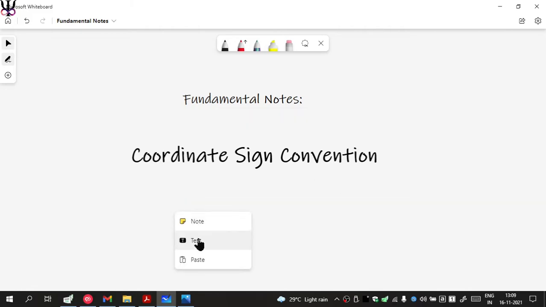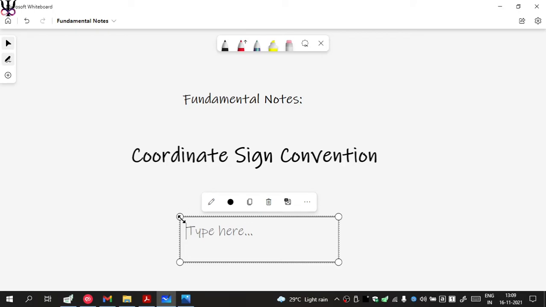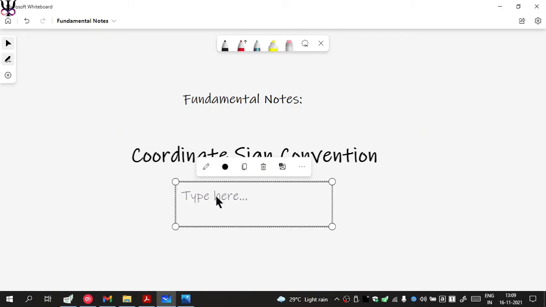The first is that all measurements are done from the origin.